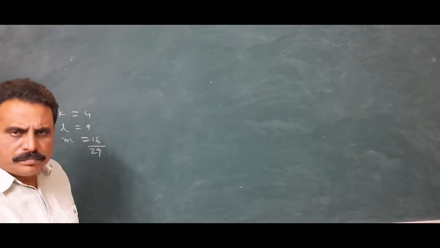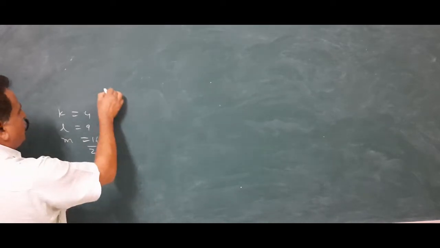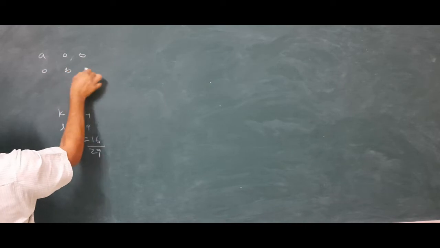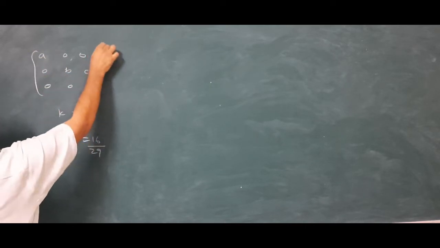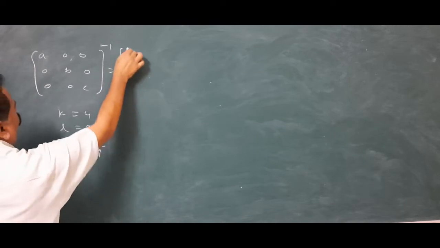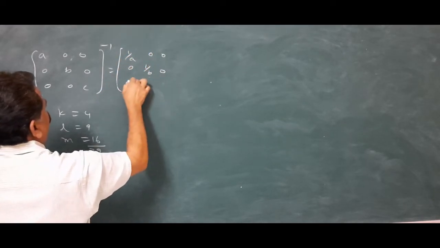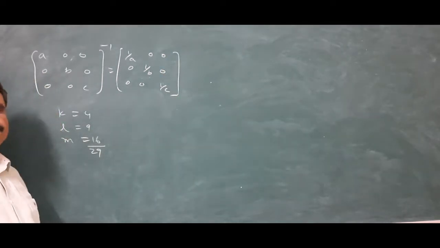Very simple problem. Here, the formula is the diagonal matrix with A, B, C. Its inverse, this type of matrix inverse, is the diagonal matrix with 1 by A, 1 by B, 1 by C. We are using this formula.